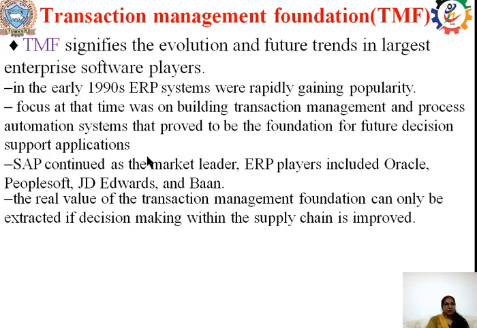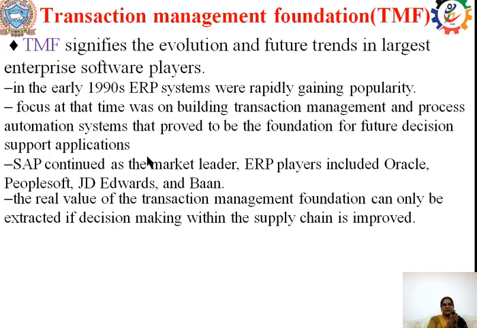But the value addition actually does not lie in such kinds of activities. If software assists in decision making, then it is very much needed that within the macro process everything should be optimized. Inter macro process optimization is also needed, intra as well as inter.